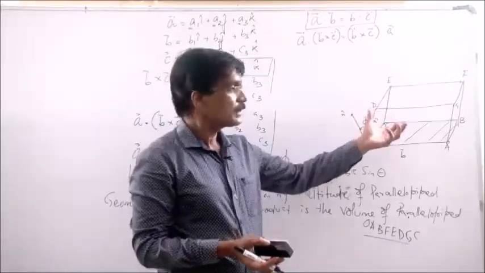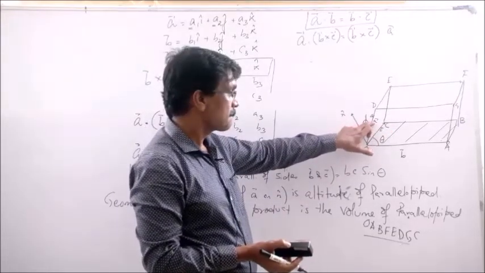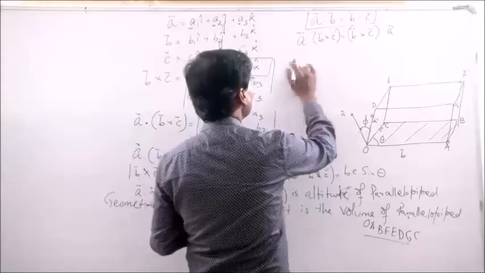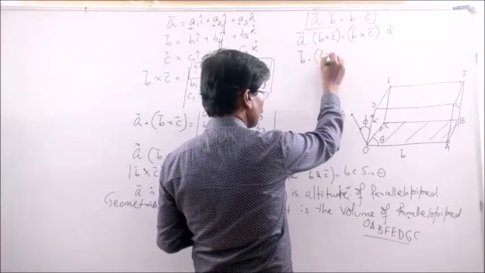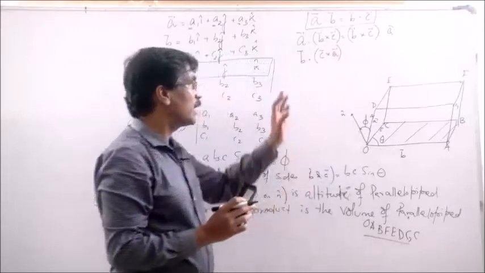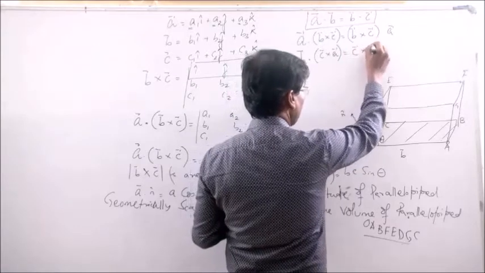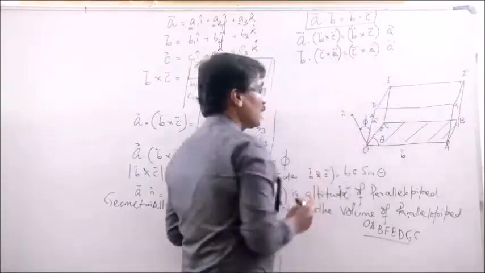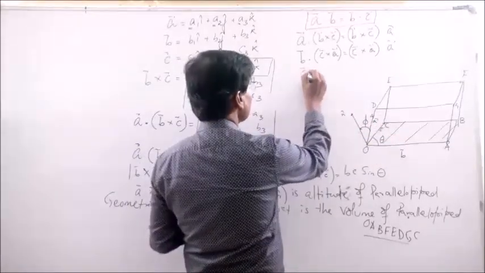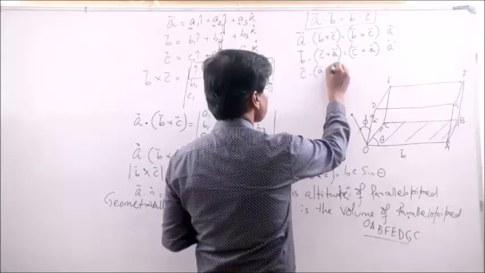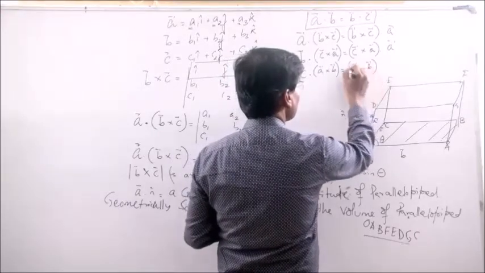Now if you rotate the parallelepiped, suppose the base is C and A, so it will be B dot C cross A. So C and A are two base, which is equal to C cross A dot B. And if A and B are two base, so that is C dot A cross B, which is equal to A cross B dot C.